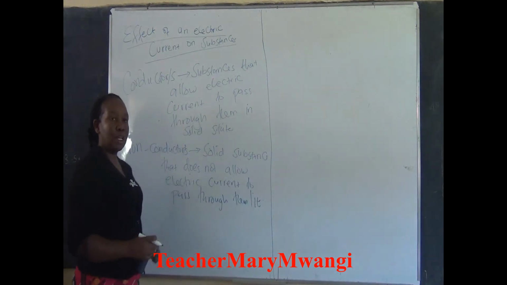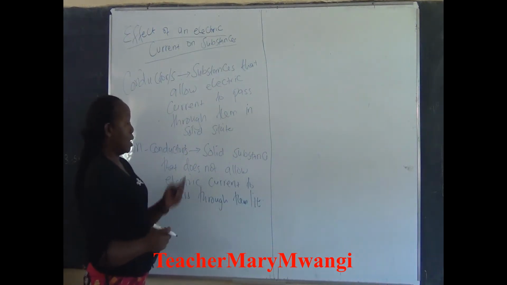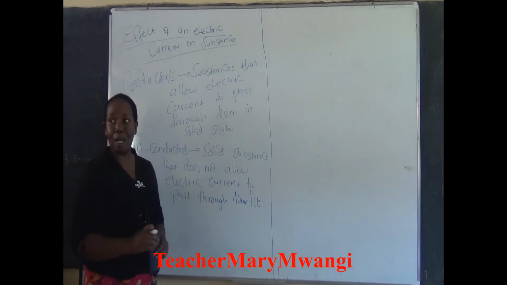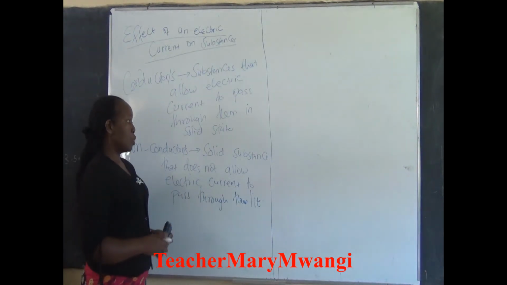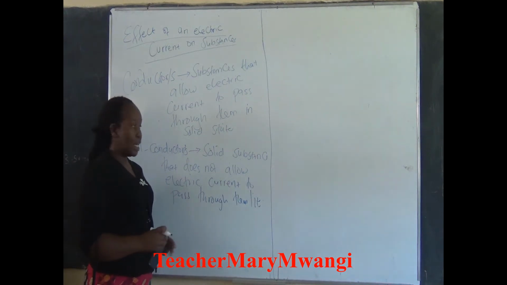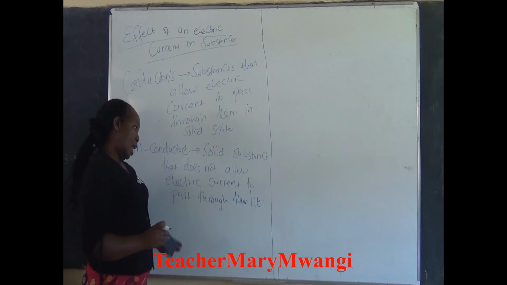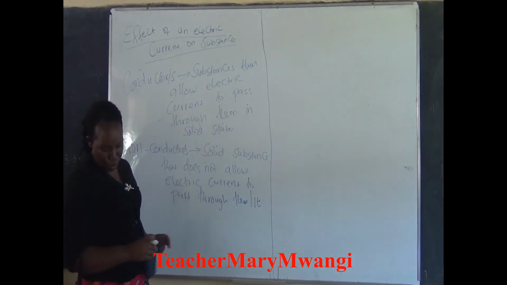So that is how you define conductors and non-conductors. That conductors are substances that allow electric current to pass through them in solid state, and non-conductors are solid substances that do not allow electric current to pass through them.